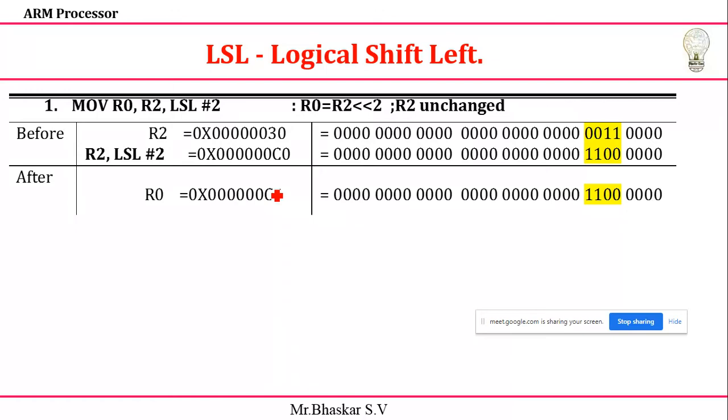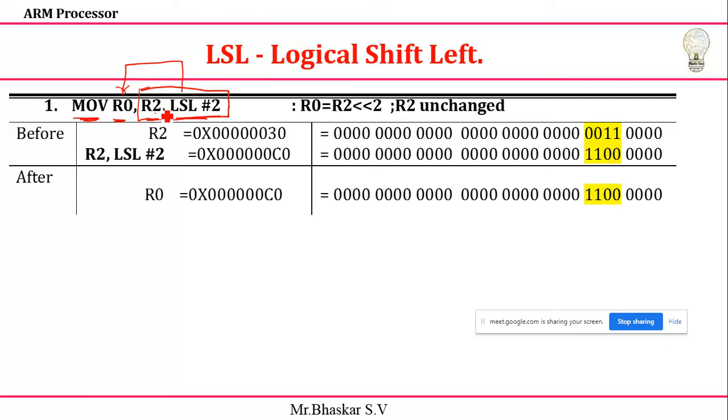Okay, just see the instruction. I'm using MOV R0, R2 comma LSL hash 2. What is it telling? The R2 value I need to do a logical shift left of 2 bits, and after doing, I need to store the result in my R0.